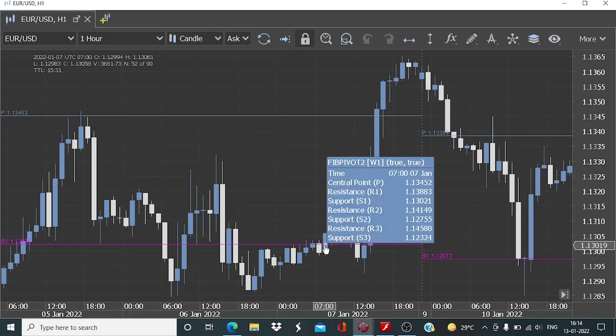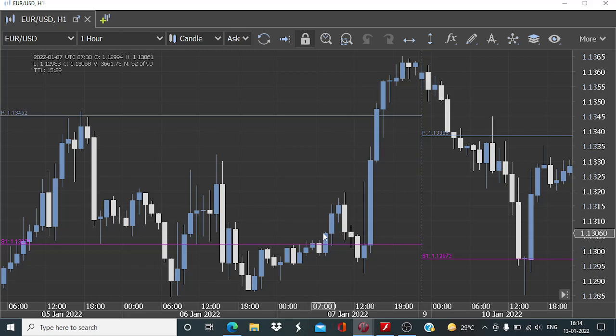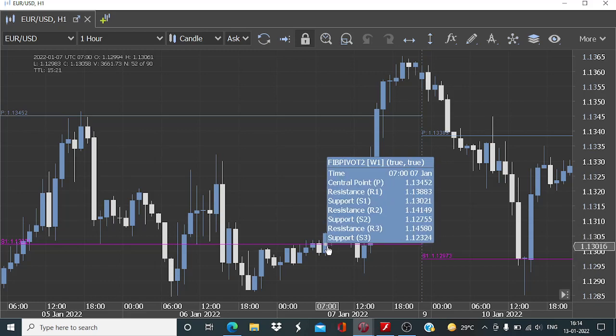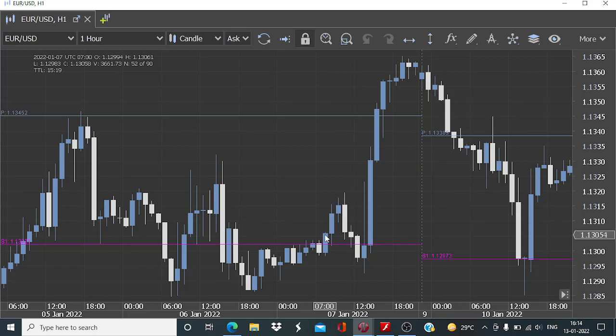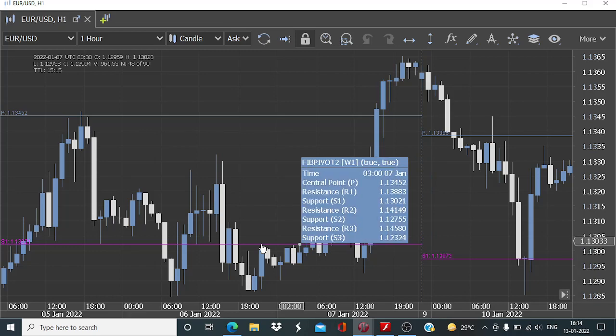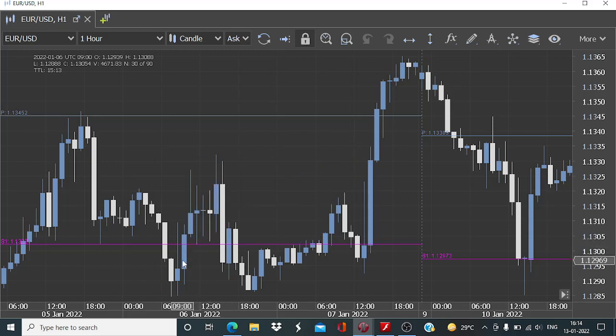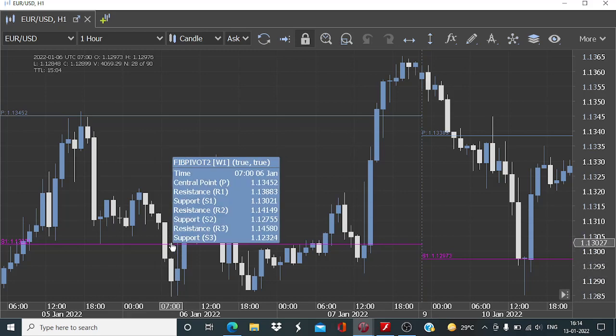And here, suppose we take into consideration this hourly candle, we have this closing level on the higher side. So here the trade can be initiated provided 24 hours back, that is 7 GMT of 6th January, we had this hourly candle close below this S1.